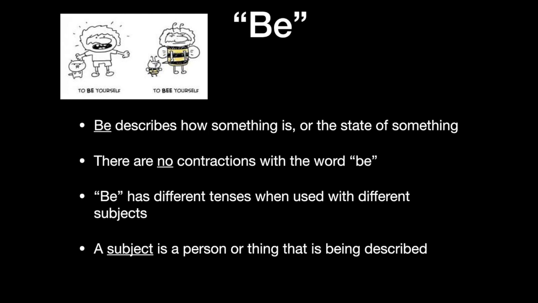However, as we have talked about in class before, be is translated into different tenses when it's used with different subjects. And a subject is a person or a thing that is being described or talked about.